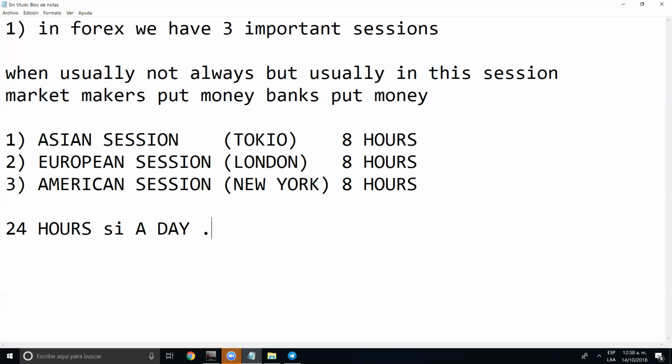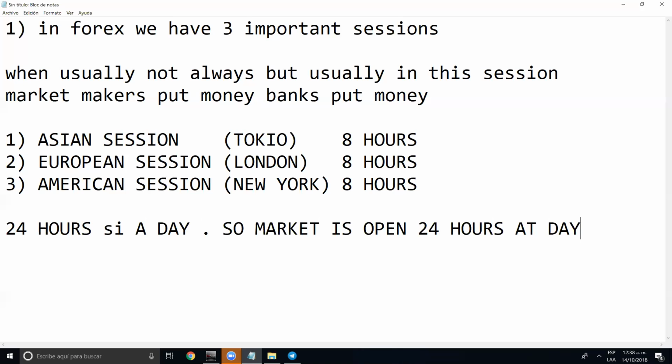So the market is open 24 hours a day, for 5 days. Okay, 5/24.